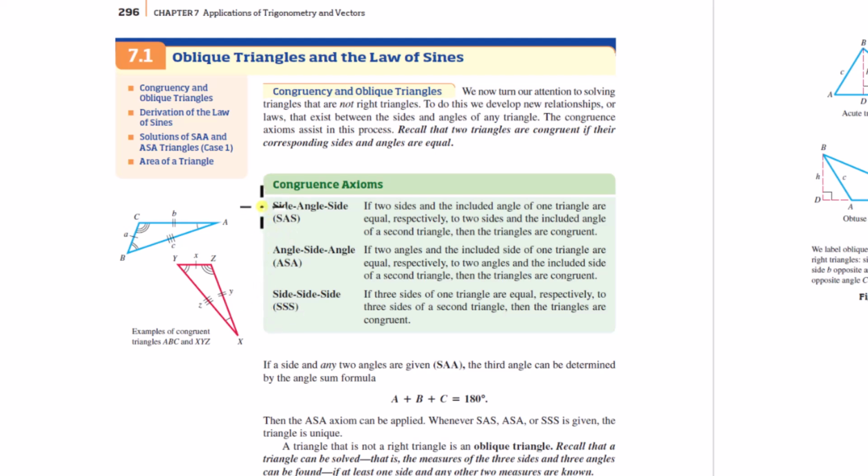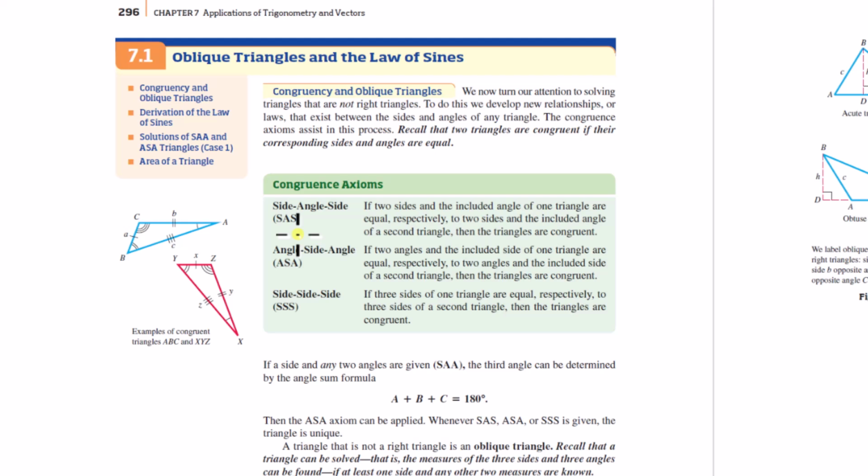We knew that there was the side-angle-side congruence axiom. If you can compare two triangles and two sides are the same length and the angle between those two sides is the same measure, then those two triangles are congruent. That was the congruence axiom.